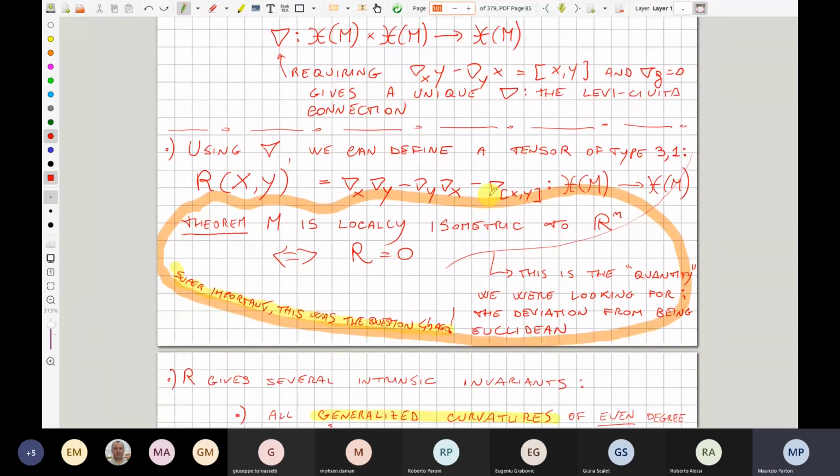Now, using the Levi-Civita connection, we have a tensor. This tensor R deserves highlighting with a different color.